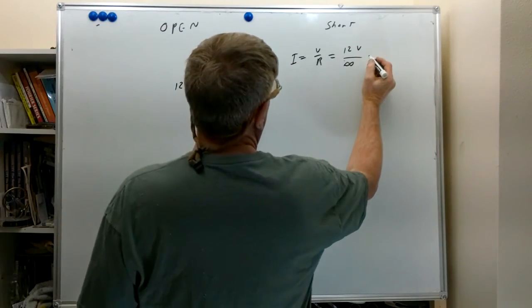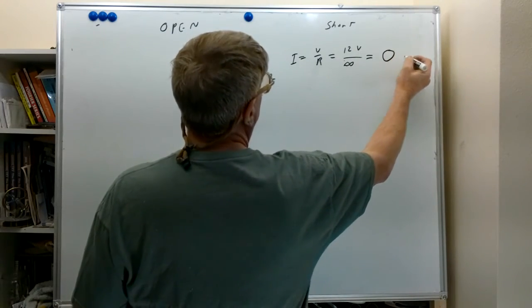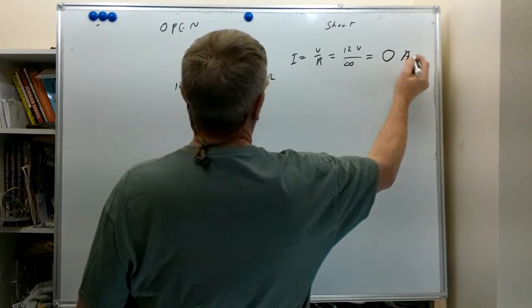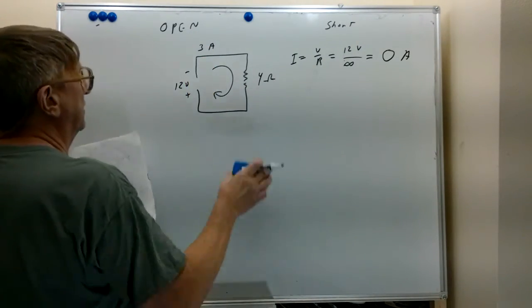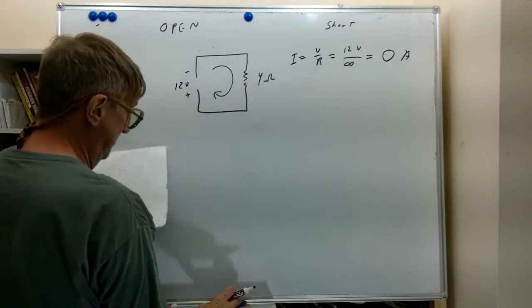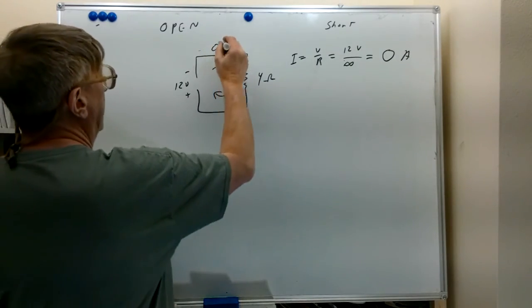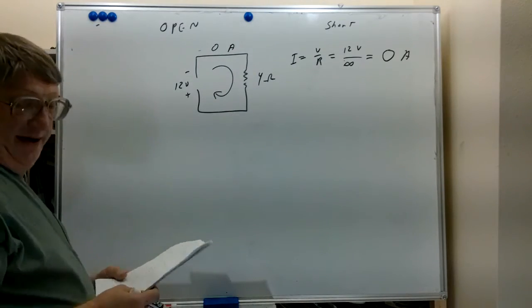You end up with 0 amps. So when the circuit opens, our current goes from the expected 3 amps to 0 amps. And whatever's in that circuit's going to quit operating.